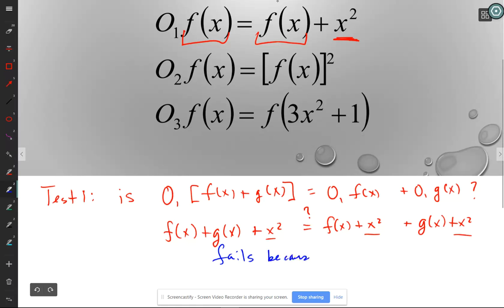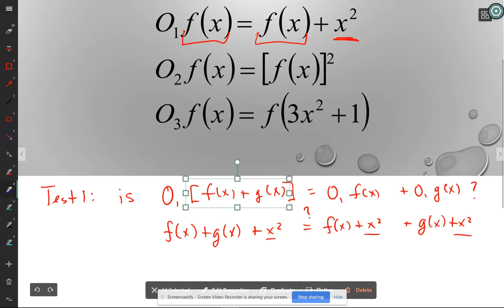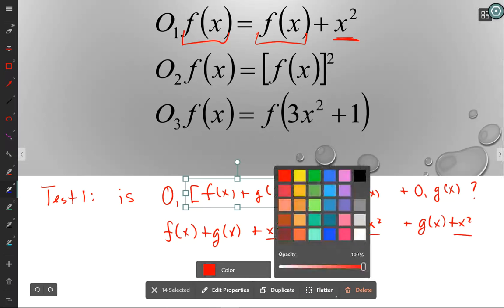Can you go over how you put that together? Yes. Let me maybe color code it to make it easier to see. Under edit properties, color, blue. That's what I wanted.